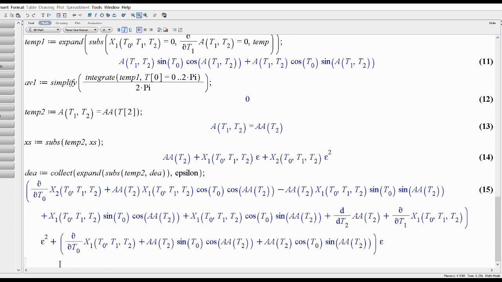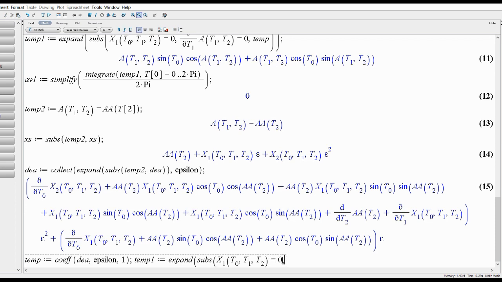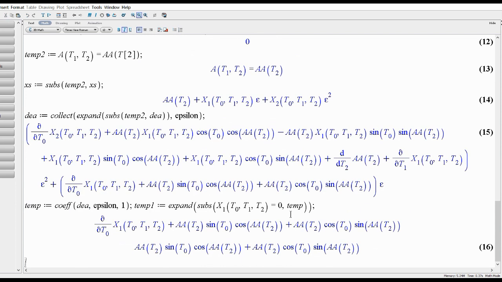So once again, temp is equal to the coefficient in dEA of epsilon to the power 1. Temp 1 is equal to expand substitute this one temporarily equals 0 in temp. Okay, then temp 2 is equal to minus integrate temp 1 with respect to t0.